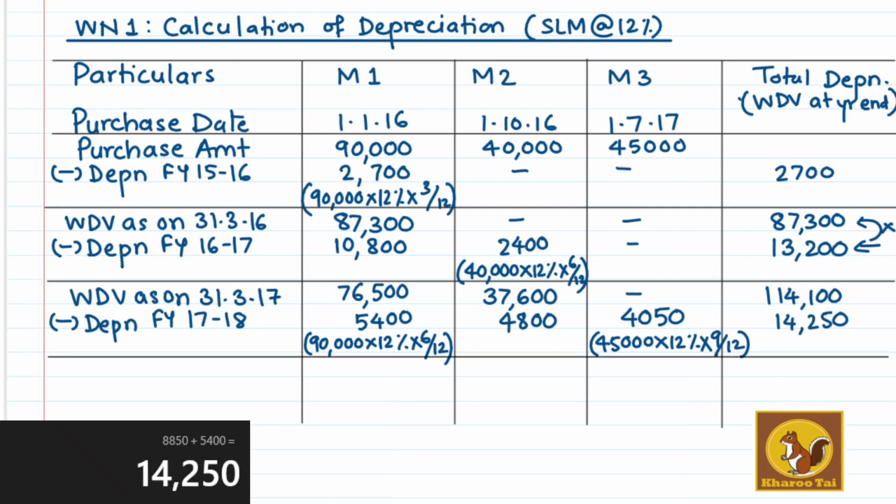So the WDV will be WDV as on 31st March 18. For machinery 2 and 3, the WDV will be as on 31st March 2018. But for machinery 1, we have sold this machinery in between the year. So for that, the WDV will be as on 1st October 2017.